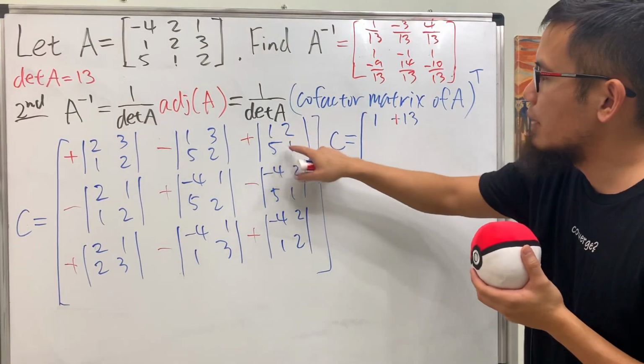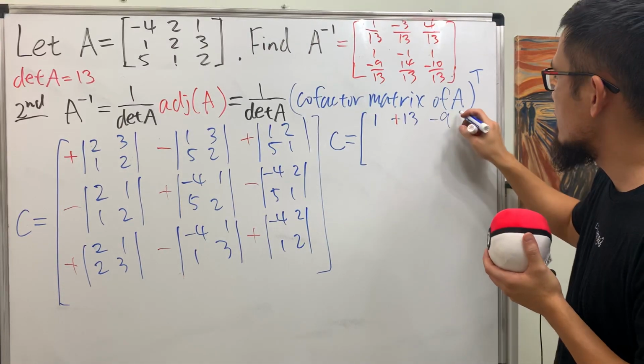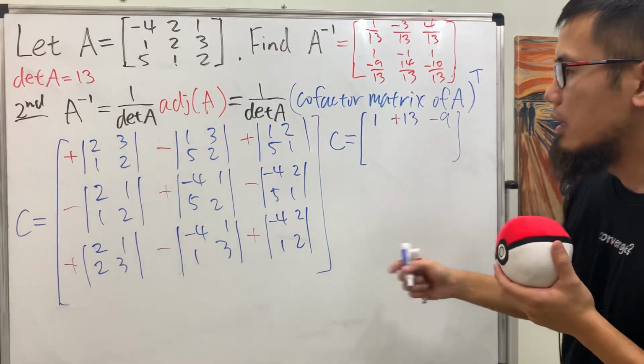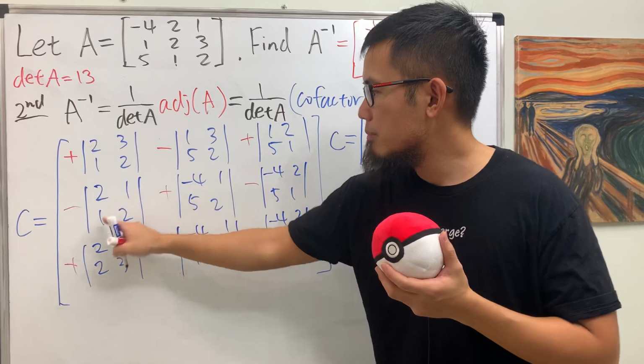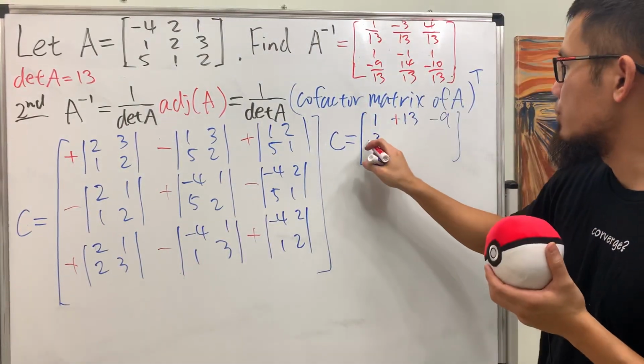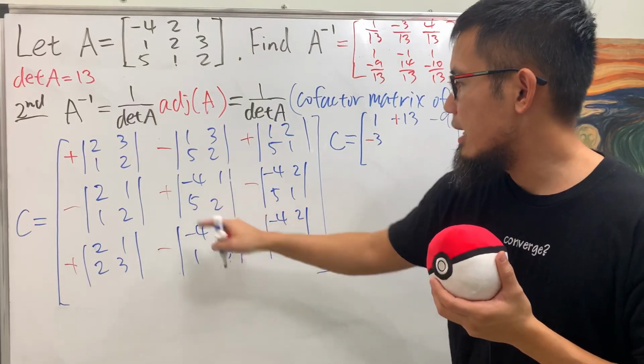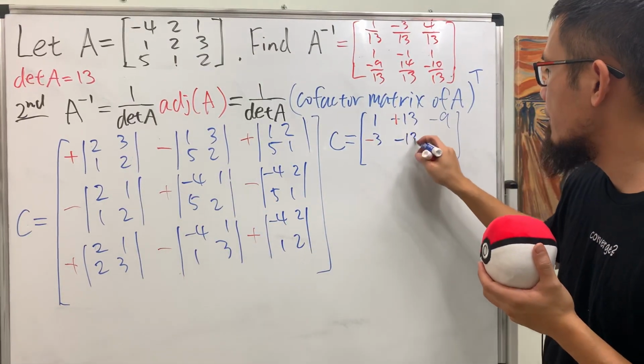Alright, for this, 1 times 1 is 1, minus 10 is negative 9, and just continue. Here, 4 minus 1 is 3, but that's actually a negative that you have to put right here. And then this is negative 8, and that is negative 13.